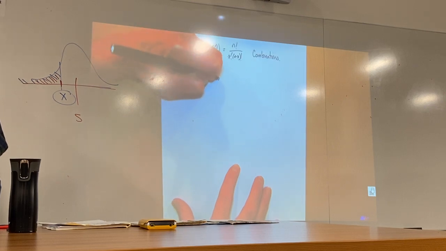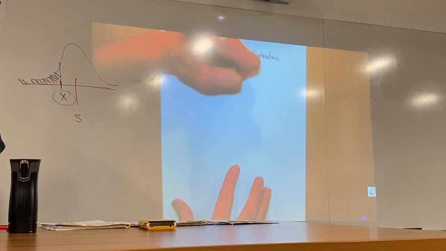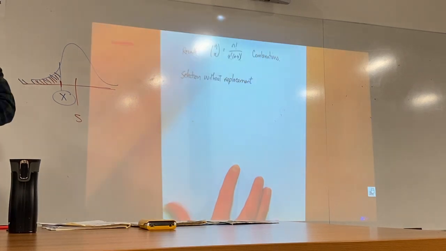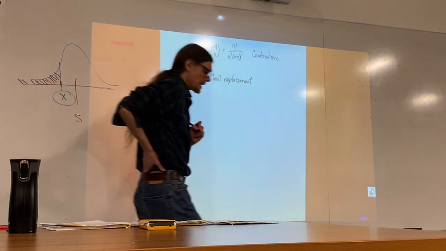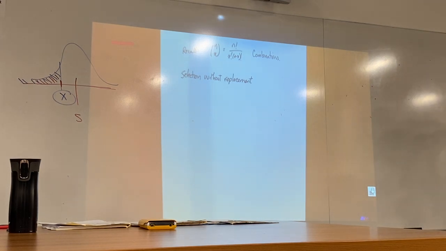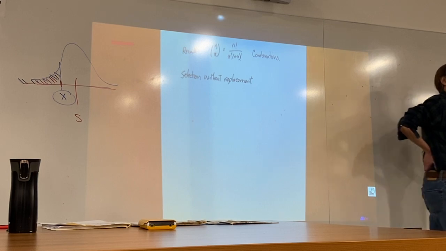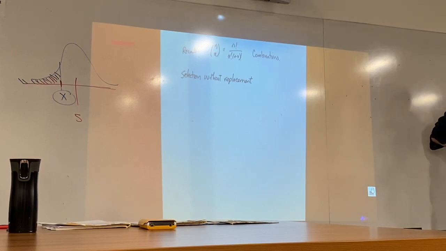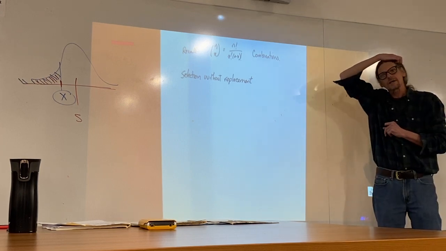Let's talk specifically about selection without replacement. In a hand of cards, if you get dealt the ace of hearts, there is a 100% chance the next card will not be the ace of hearts. That would be true, unless they're cheating. Right? Selection without replacement. In particular, I'm thinking about when the pool you're choosing from is relatively small, so those changes in probability are significant.